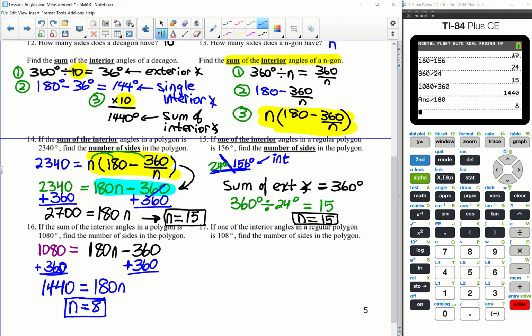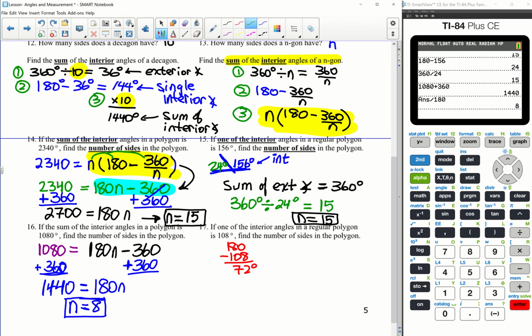Yeah. Anyway, so number 17, similar to number 15, we have the interior angles in a regular polygon as 108. Right. So like we could draw a diagram again, but essentially what we did was we took the 108 and subtracted it from 180. That would give us a 72.